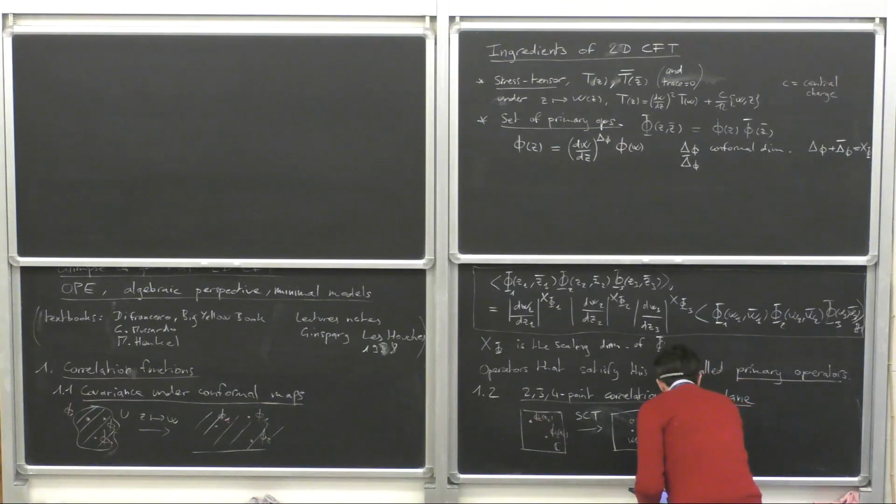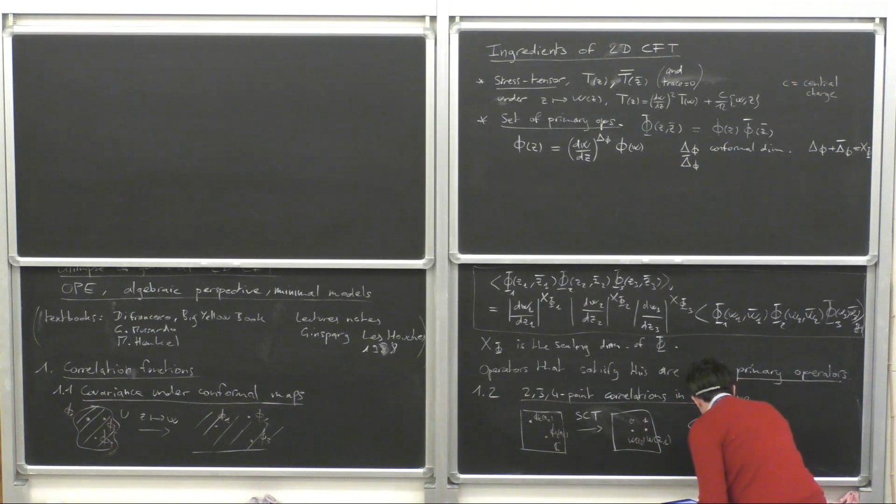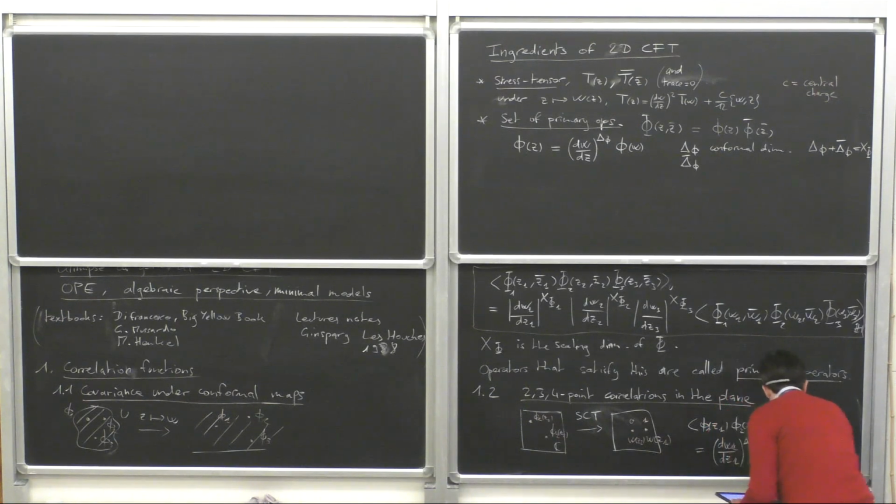And if I do this, then I get that phi1 of z1, phi2 of z2 is given by the Jacobian of this transformation at point z1 to the delta 1, Jacobian at point z2 to the delta 2, times phi1 at position 1 and phi2 at position 0.